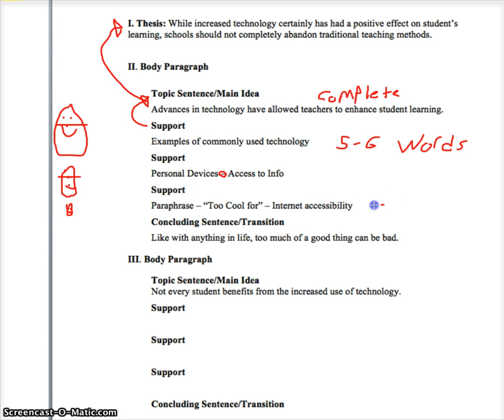One thing I want to point out is that you need to put your source information into your outline. You can do it a number of different ways. I don't really care how you do it. Just when it comes time to write your paper, you're going to look at this and expand it out into a sentence or two. And when you get to this paraphrase, you should have enough information here to be able to go back into your research and find it.